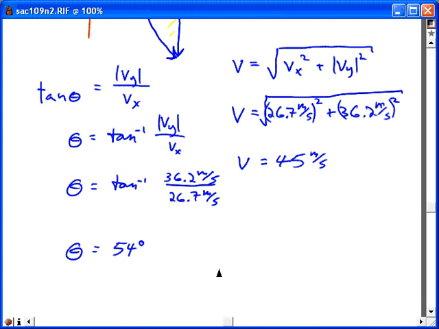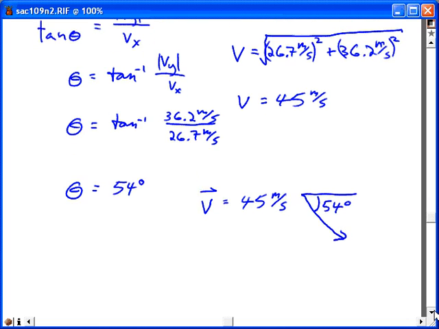So our final answer is, the vector V is 45 meters per second at an angle of 54 degrees below the x-axis.